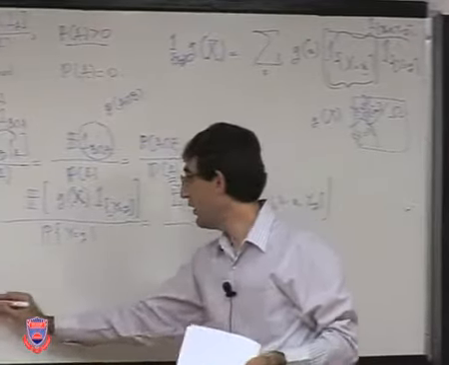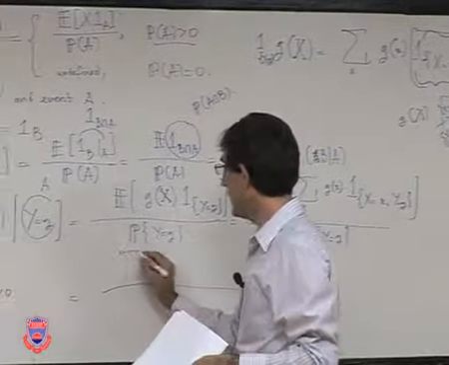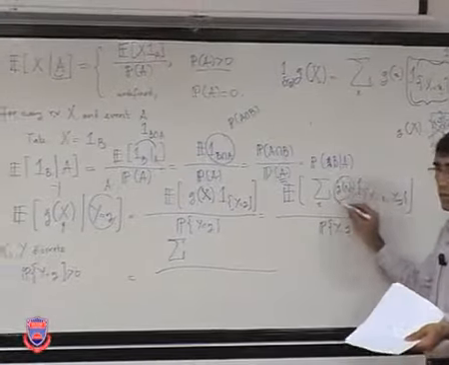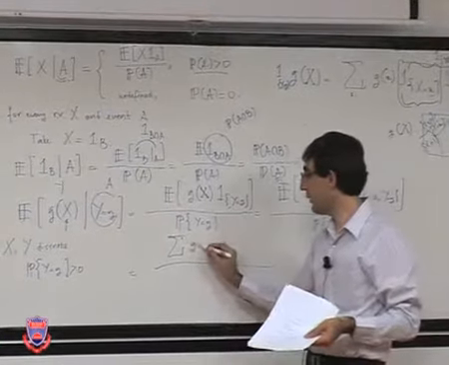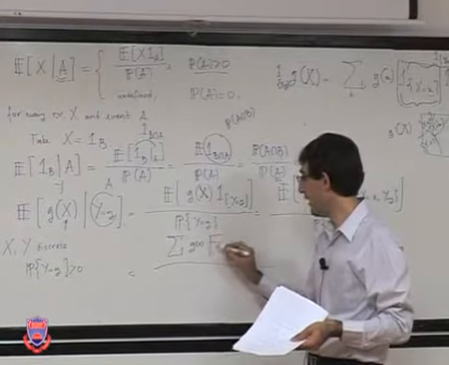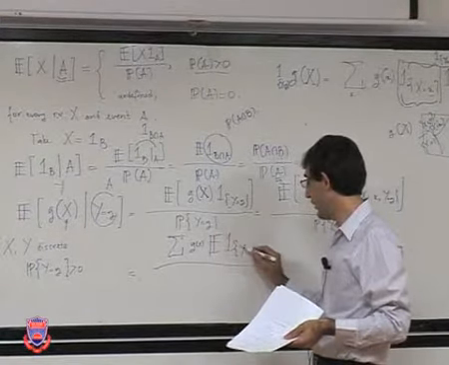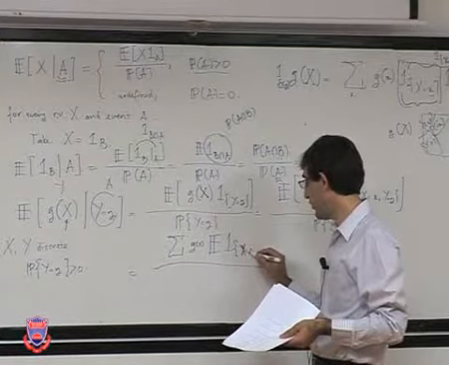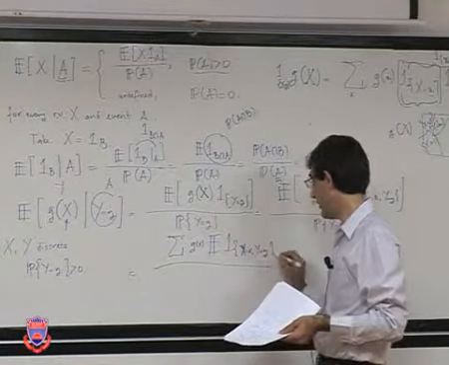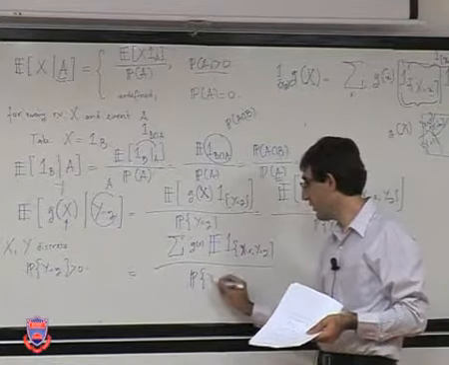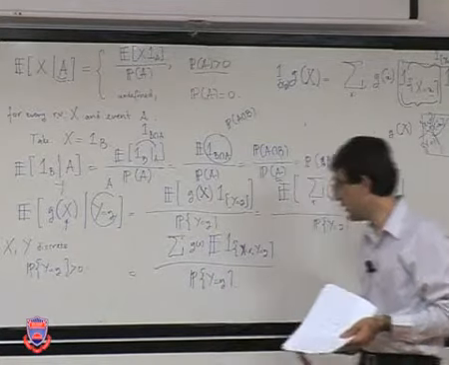And when you do that, the sum goes out. As we said, these are numbers, so they also go out of the expectation. Then you have the expected value of the indicator random variable of the joint event that x equals little x and y equals little y. And then you divide by, as before, the probability that y equals little y.